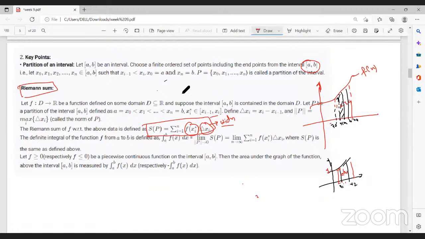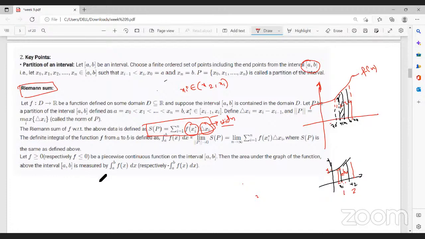So here i is 2, so my xi star will belong to x2 comma x1. So it can take any value. Suppose this is 1 and this is 2, it can take 1.1, 1.2, 1.9. It can take any value, right? Now what is left hand?